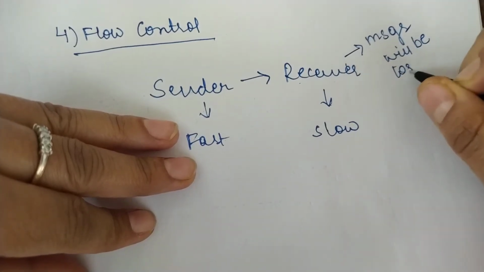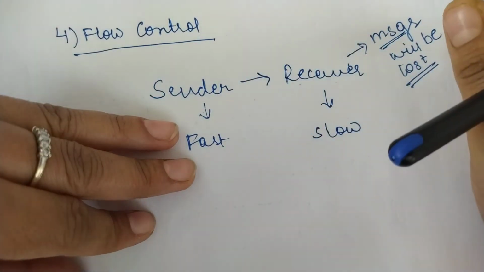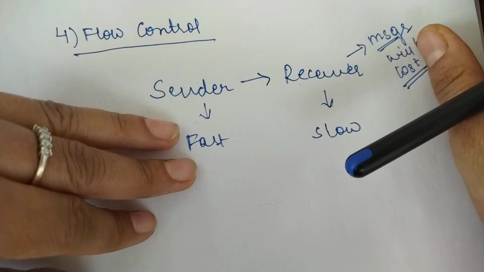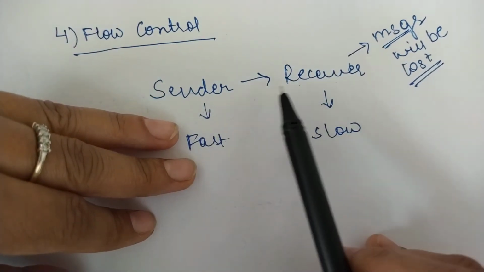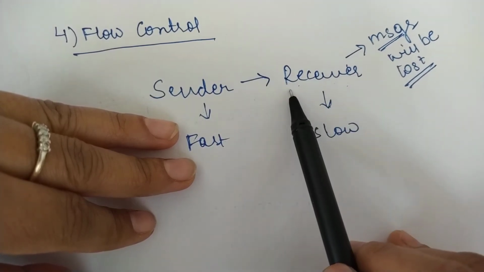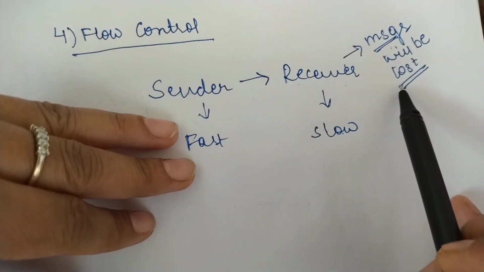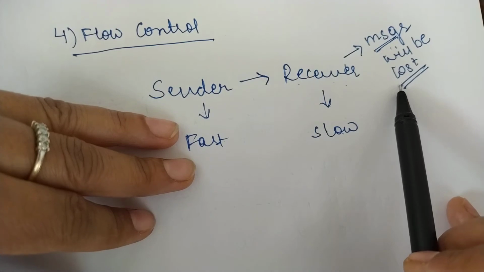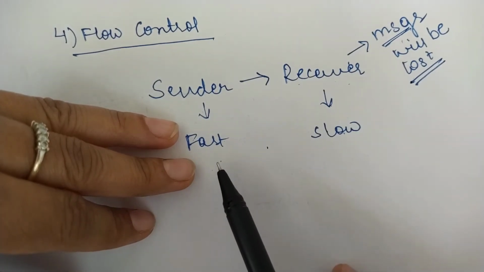Just like whatever I teach you will be lost. That information will be lost and not retained if I do not teach you at the speed at which you can understand. Similarly, if the sender does not send the data at a speed at which the receiver can receive it, most of the messages will be lost. So to avoid this situation, we need to have a mechanism known as flow control.